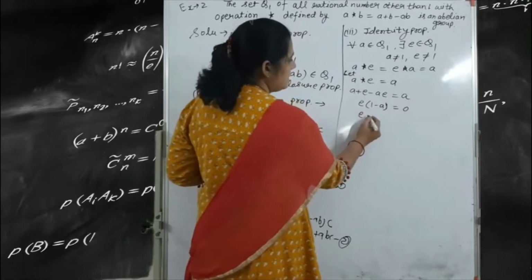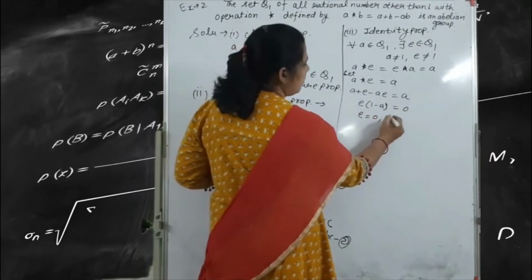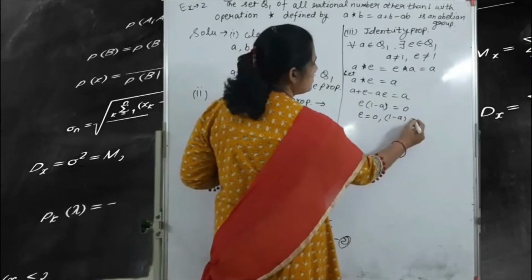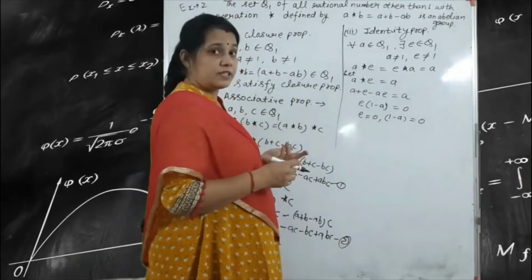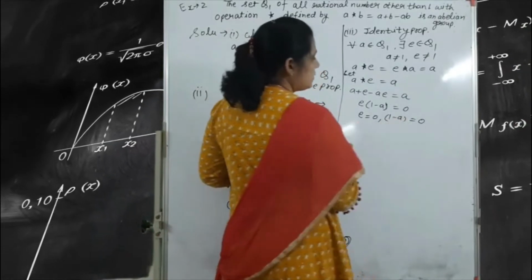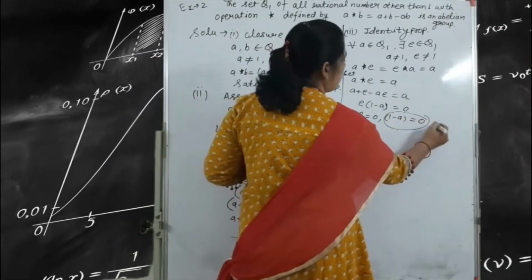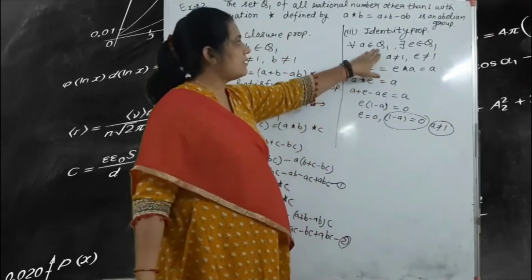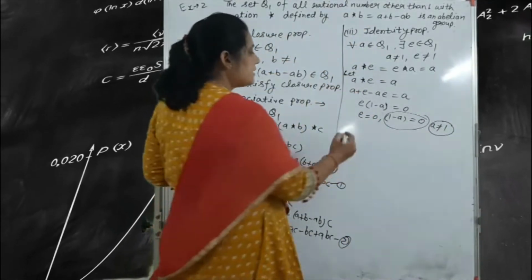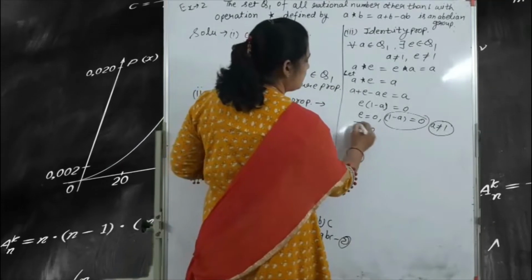That means E equal to 0 or 1 minus A equal to 0. If 1 minus A equals 0, that means A equal to 1, but this is not valid because we are using elements other than 1. That means E equal to 0.